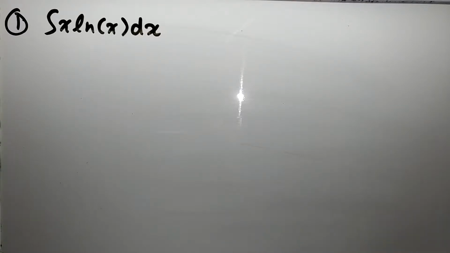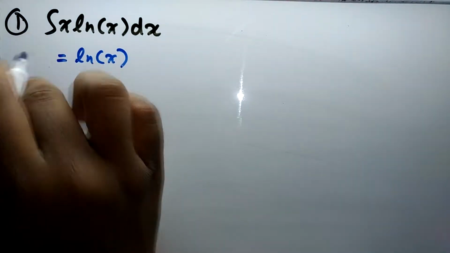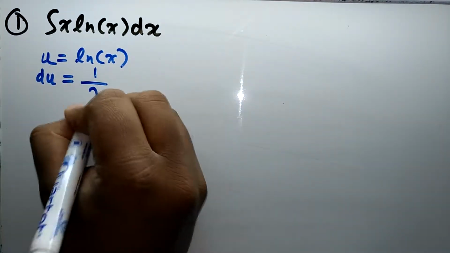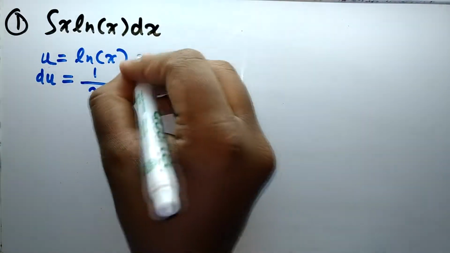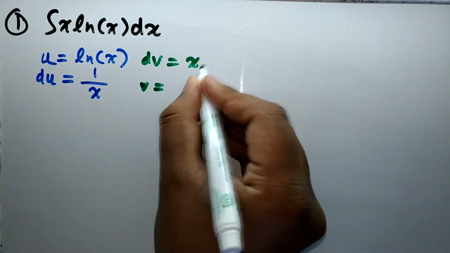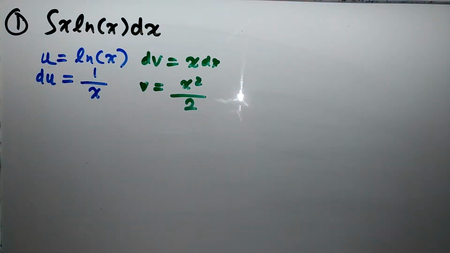Now let's look at the integral x ln x dx. If you remember from the LIATE rule, we always pick ln x as the u if it's available in the integral, so let's do that, and we differentiate that, we get 1 over x, and then we're left with dv as x dx, and v will just be x squared over 2 if we integrate the dv.